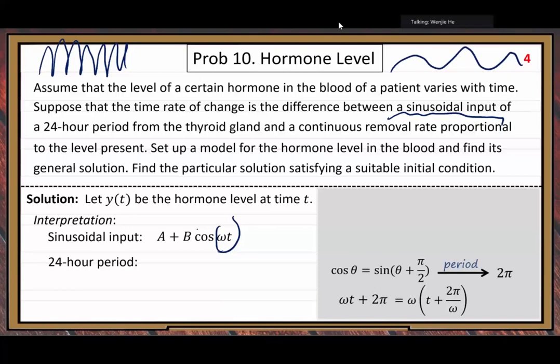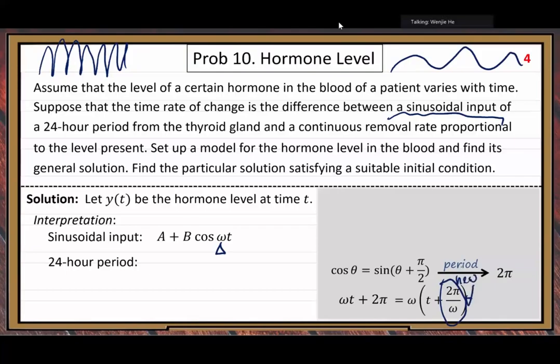Can we treat this constant as the period of this function? With the omega here, now the new period is this.